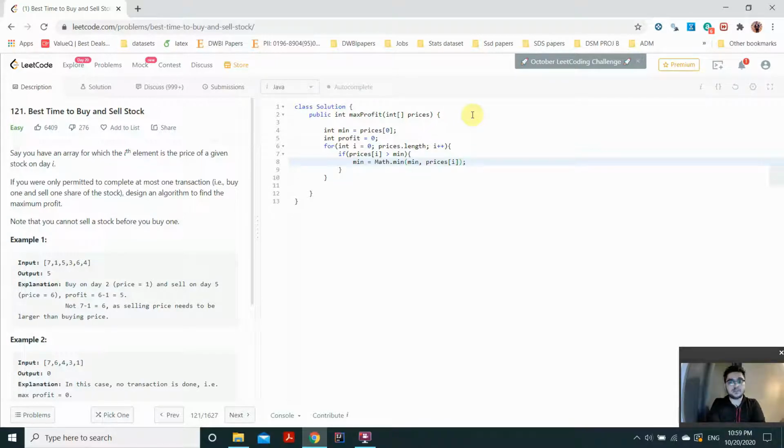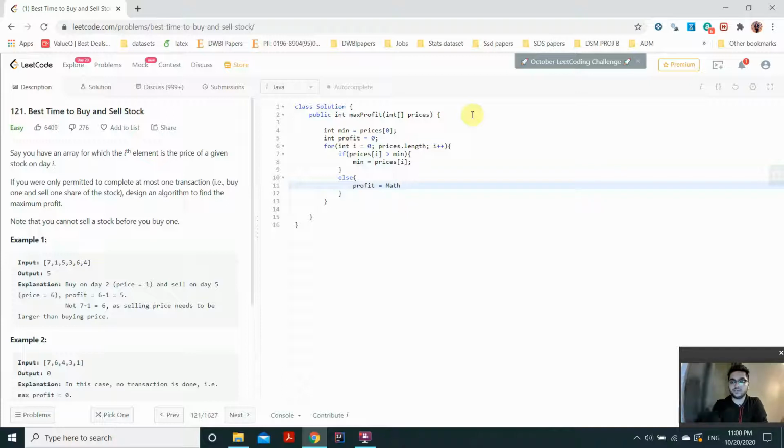Oh no, that's not required since we only need to store the value, so this would suffice. And if the current value is greater than the minimum value, we can sell the share at that point. So we need to go into the else condition, which helps us know whether the profit at the current point is greater than the previous profit or not.